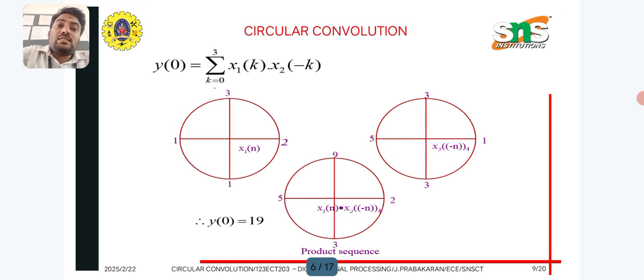Third step, multiply corresponding samples on the two circles and sum the products to produce the output. Fourth step, rotate the inner circle one sample at a time in counterclockwise direction and go to step 3 to obtain the next output value.